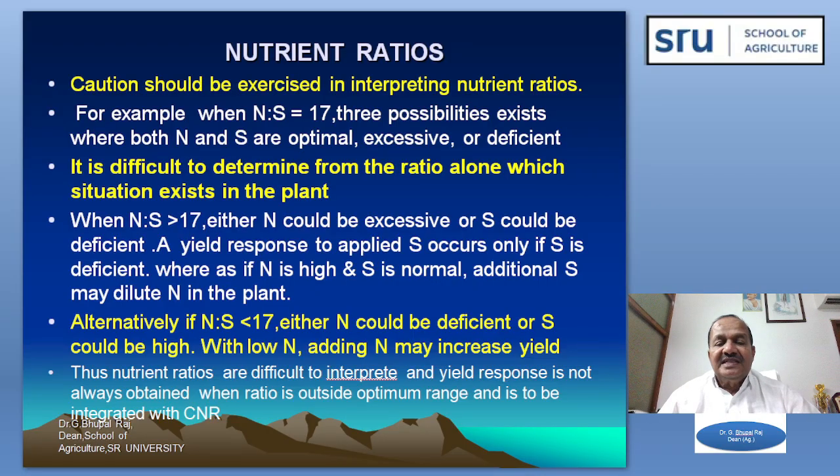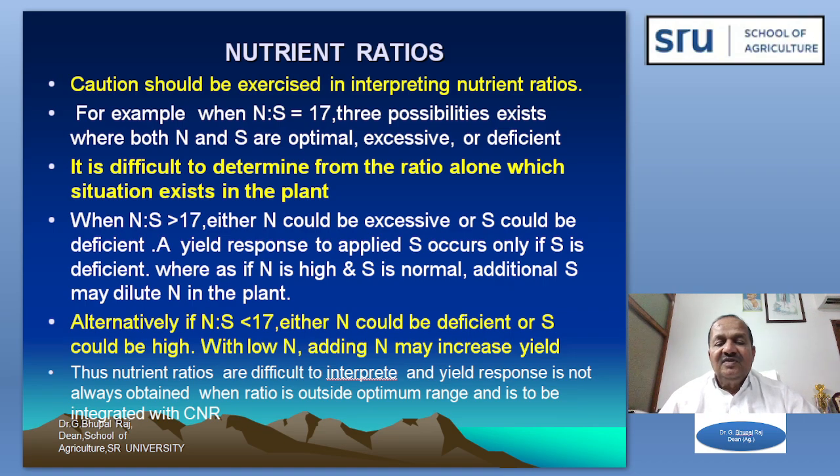For example, when the nitrogen to sulfur ratio is more than 17, either nitrogen could be excessive or sulfur could be deficient, and a yield response to the applied sulfur occurs if sulfur is the deficient one. Whereas if nitrogen is high and sulfur is normal, the additional sulfur may dilute nitrogen in the plant.